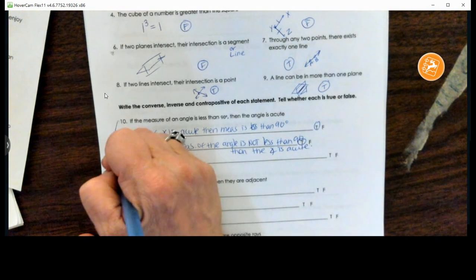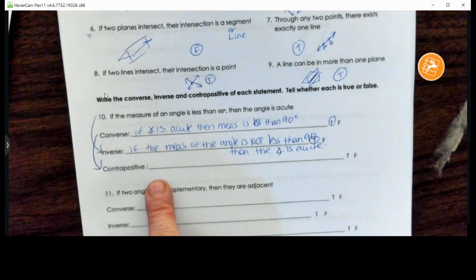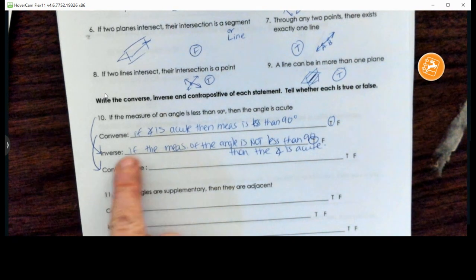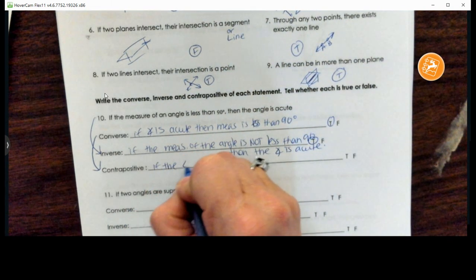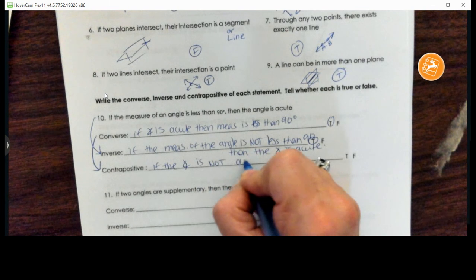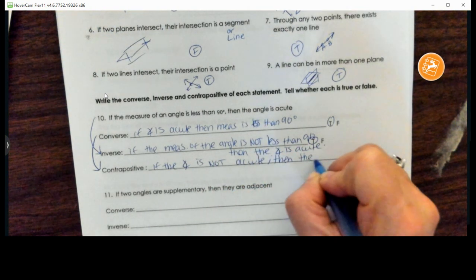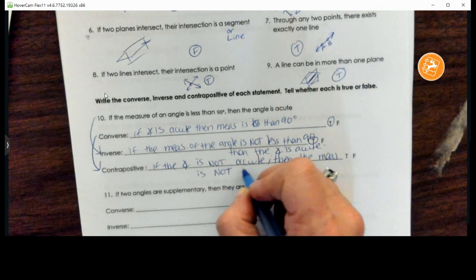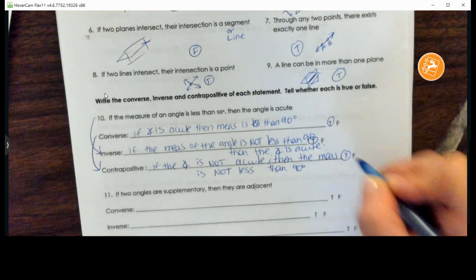And last, for the contrapositive, we want to take the converse and negate it. So the contrapositive: if the angle is not acute, then its measurement is not less than 90 degrees, and that's also true.